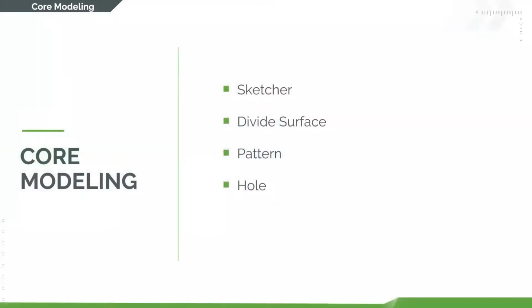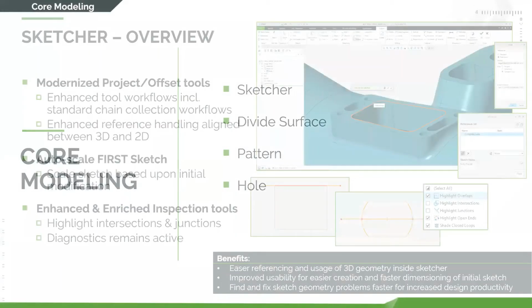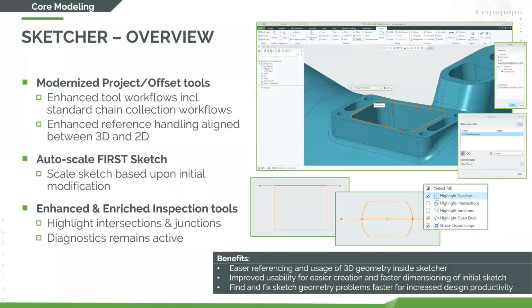So we'll talk a little bit about the sketcher, the divide surface, patterns, and holes. So the sketcher overview: they have modernized the offset and project tools. If you're used to the standard CREO 5, 6, 7, they all have the same user interface, but they've drastically improved this in CREO 9.